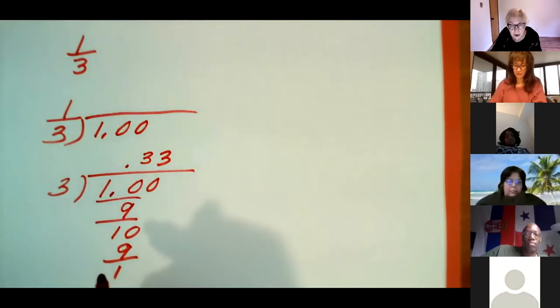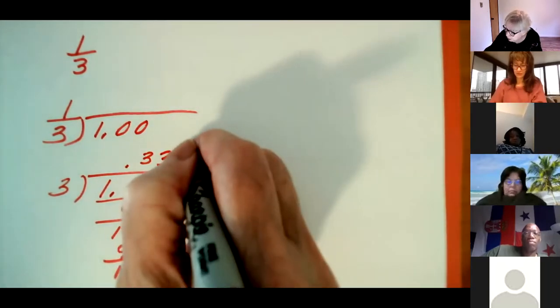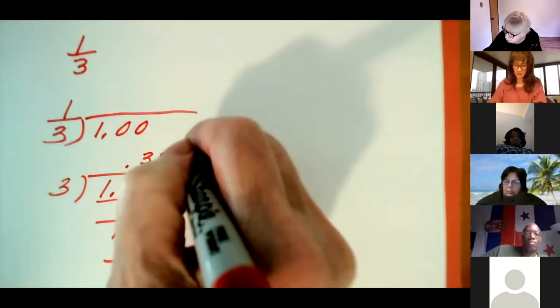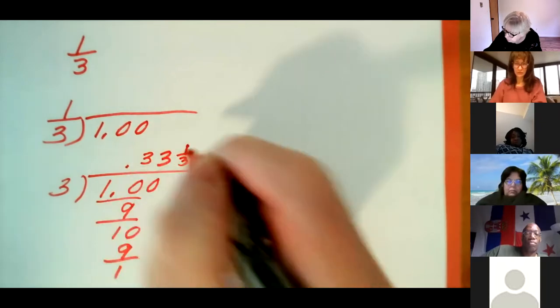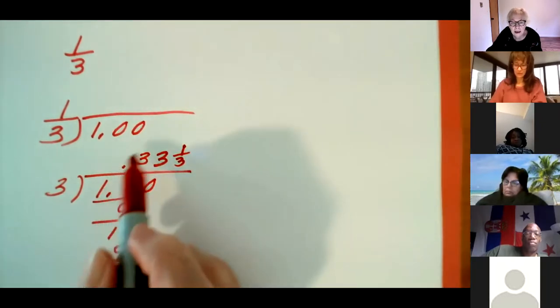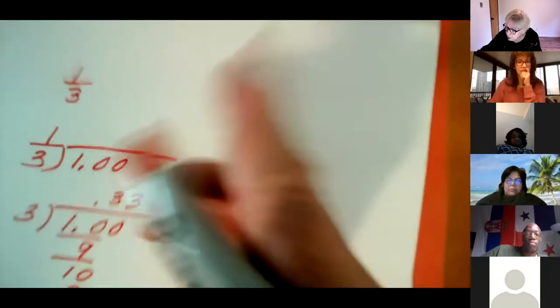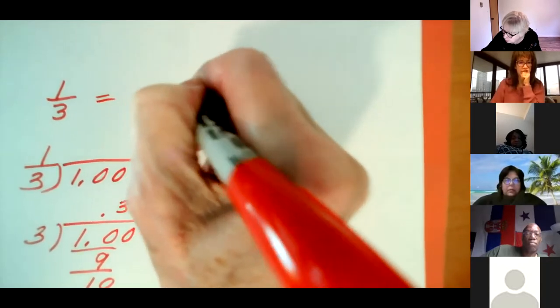So what I'm going to do is make this a percent. I'm going to actually take the remainder and write it like this, and you'll see why. This is the decimal version. So 1/3 is 0.33 1/3.